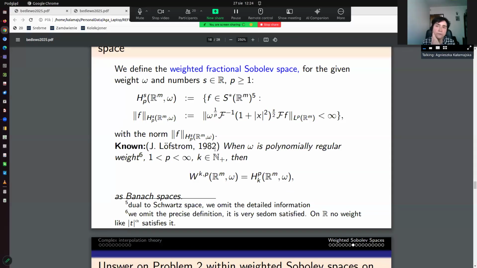So it is really a complicated condition. And if I take modulus t to the power alpha, then it can be shown that it does not satisfy that condition. That would be the easy weight which comes to mind on the real line.